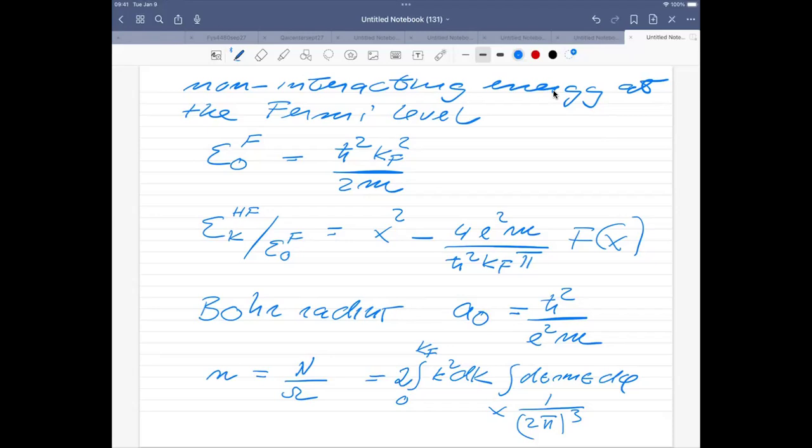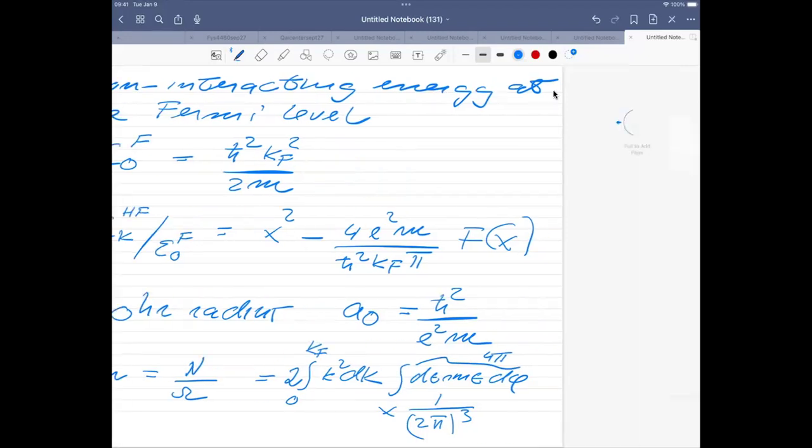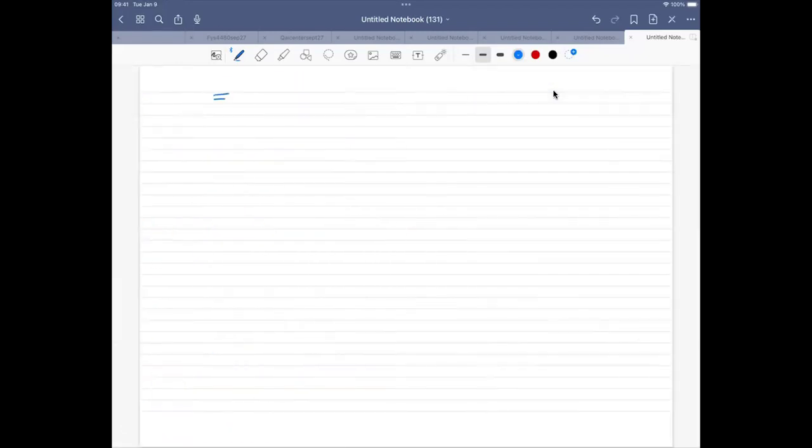And when I calculate the angular integral, this just gives me 4 pi. There is a 4 pi times 2, which gives me 8 pi divided by 2 pi cubed. So this quantity is going to be equal to kf cubed divided by 3 times pi squared. Now, this is the same as n divided by the volume which we have.